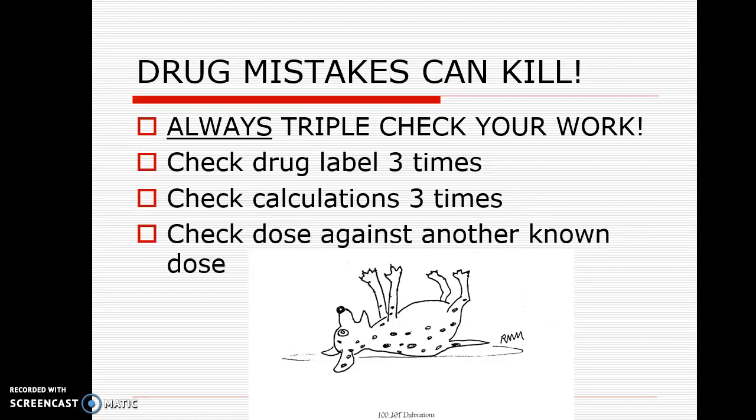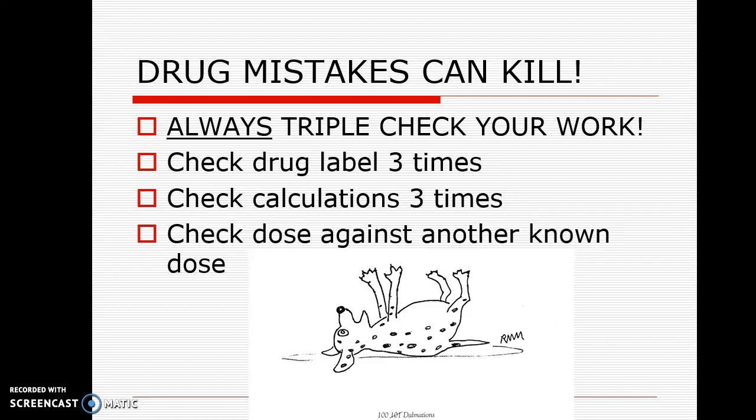And the whole goal is to give the animal the appropriate drug in the appropriate form and make it easy on the client to administer it to their pet. And we want to have practices in place that help protect our patients and make sure that we're giving them the correct amount of drugs.